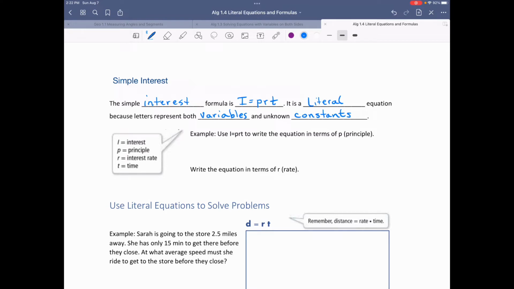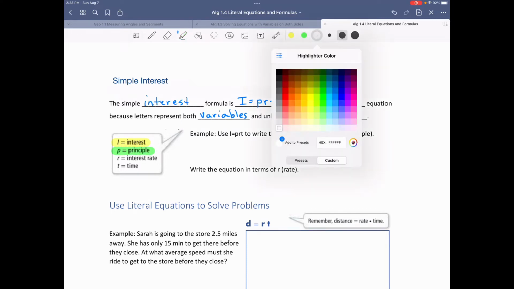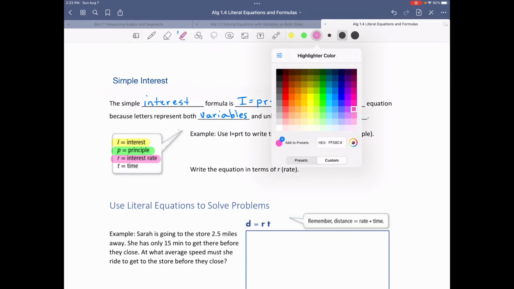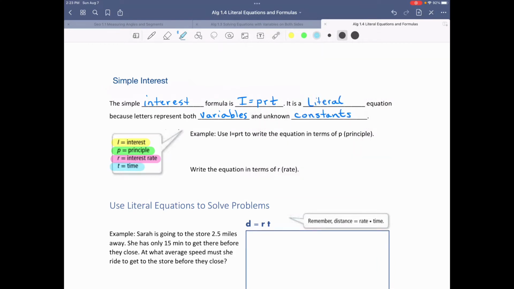So if you keep your money in there for a certain amount of time, they will give you a rate of interest. And so the I in this formula represents interest, and the P represents principal. The R represents interest rate, and the T represents time.